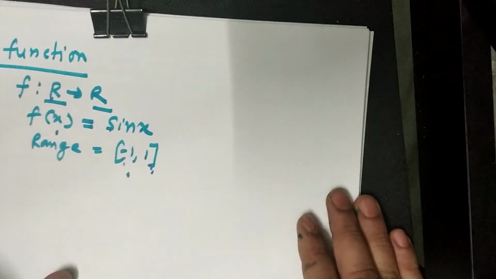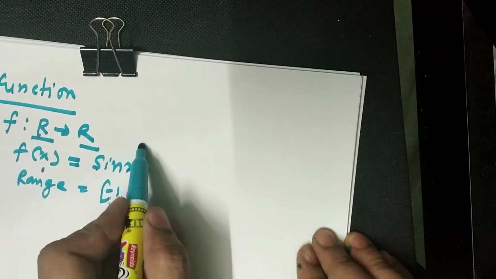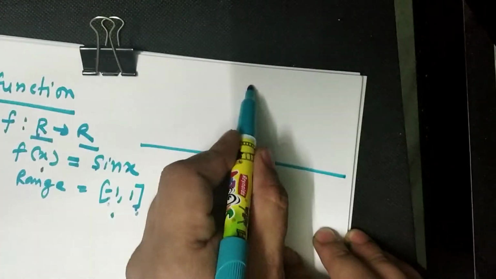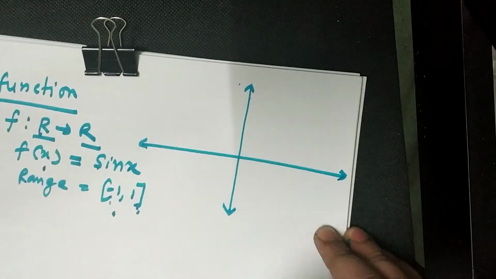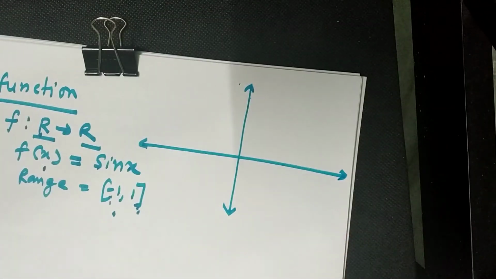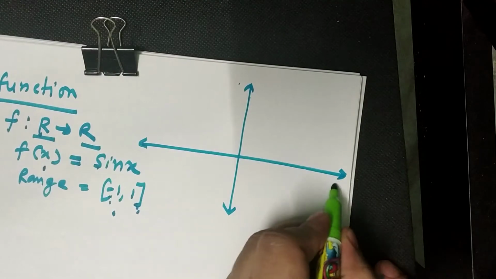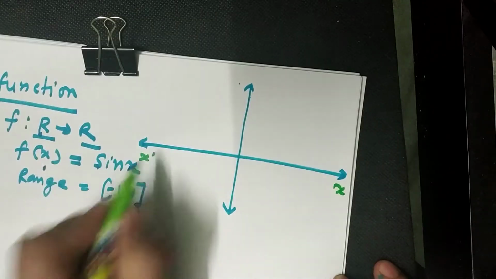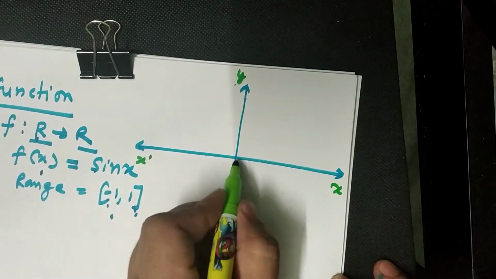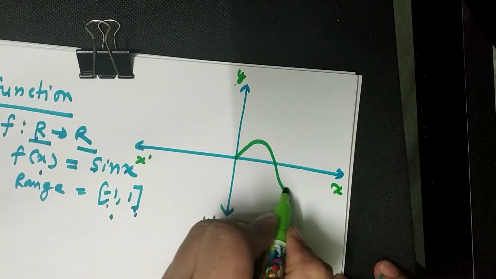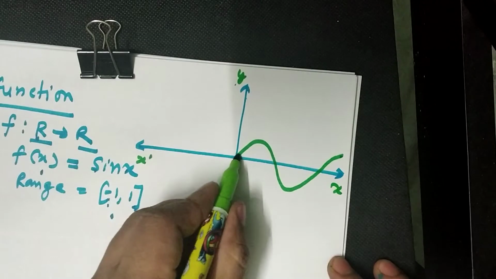Now let us see the graph of this. Positive x, negative x, positive y, negative y. The graph of the sine function will be something like this.